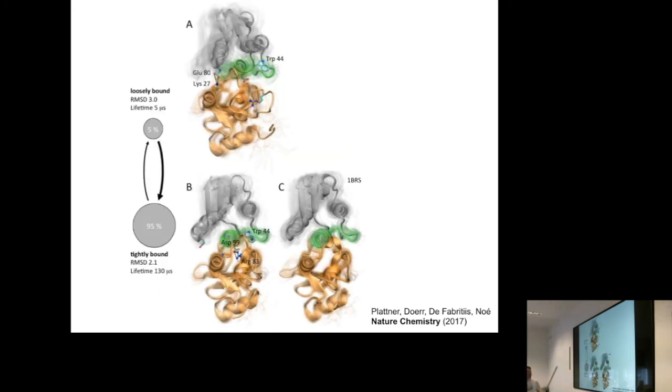And if you look at these two substates in the native state, then you see, well, they are looking not too different at the first sight, but first of all, this state, the larger state here, or the more popular state, that is essentially exactly like the crystal structure. This state is a little bit different, and you see that this helix here is rotated to the right. So basically there is a little rotation of the two proteins with respect to one another.